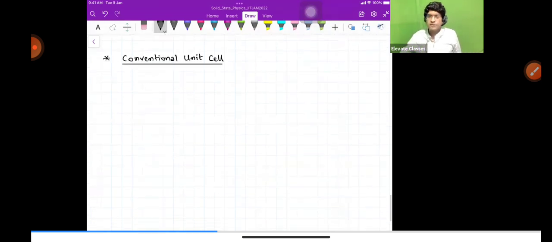Now, conventional unit cells are those unit cells which we take for our ease of calculation and ease of visualization. Okay.